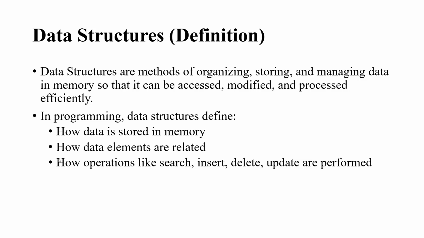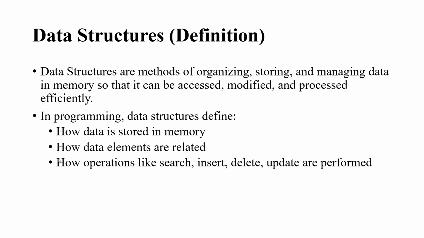Before we dive into the definition, let us say we have to find the meaning of one vocabulary word in a dictionary. Suppose in the dictionary we have 10 lakh words and those words are not properly arranged in alphabetical order.